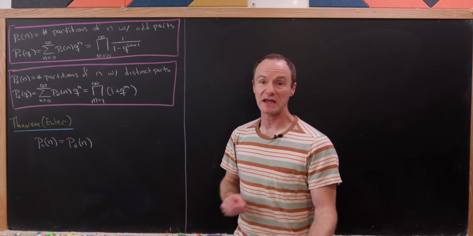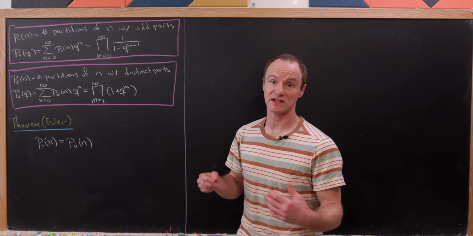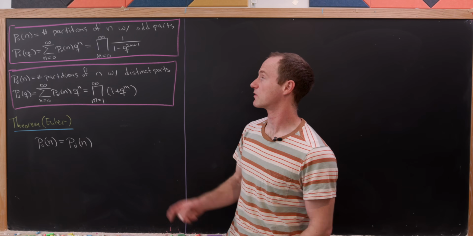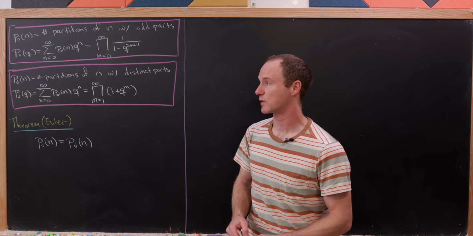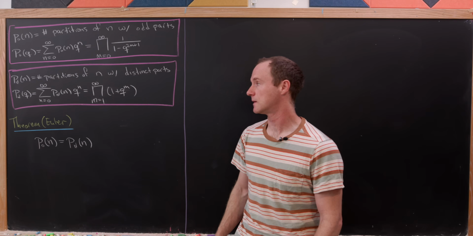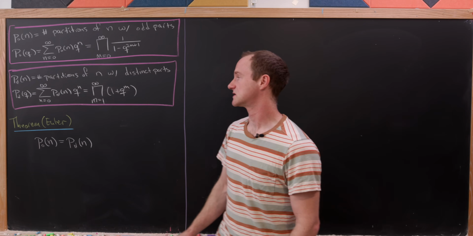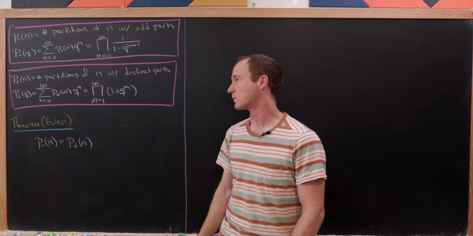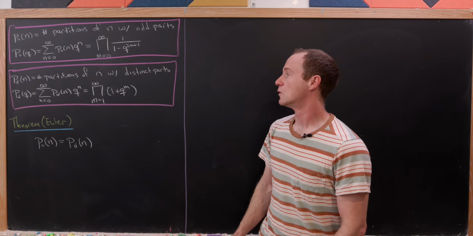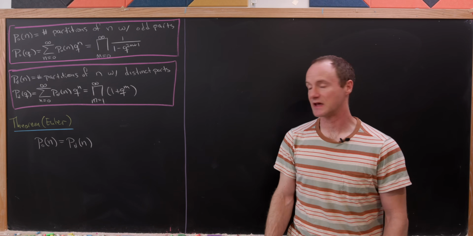And then let's let P sub d of n, so these are the distinct parts, so that's the number of partitions of n with distinct parts. And again, from what we just saw, the generating function of this is the product as m goes from 1 to infinity of 1 plus q to the m.